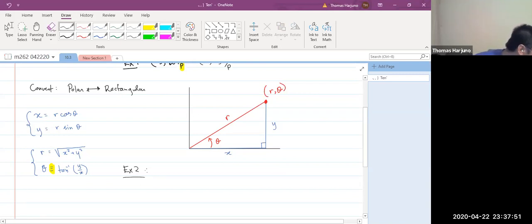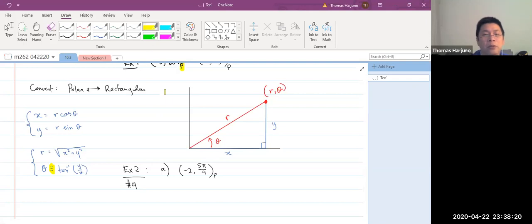Let's say I pick a question from number 4, part A. We have negative 2 comma 5 pi over 4. You have to memorize that the first number refers to the radius and the second number refers to the theta, the angle, okay?